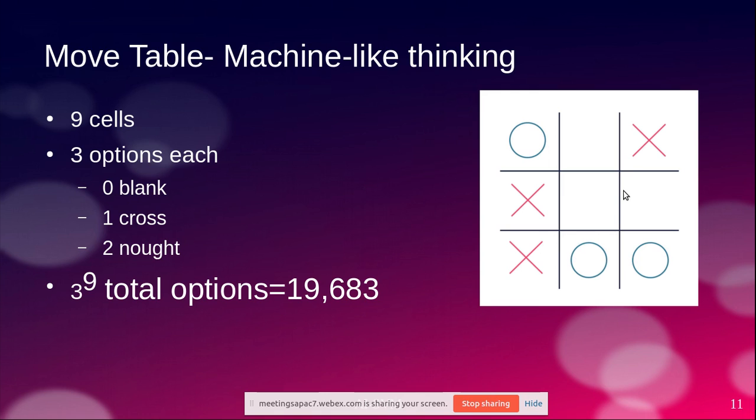Now if you look at it, as a human we can immediately make out this central cell is going to be an important cell. If you are playing with a cross, these three cells in this diagonal can be your winning shot if you place a cross here.